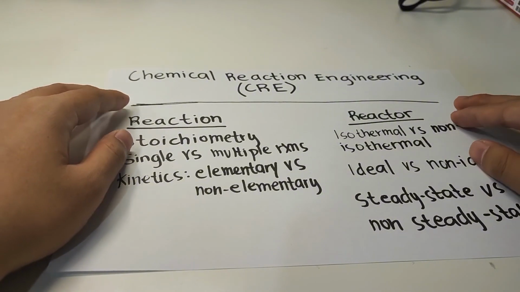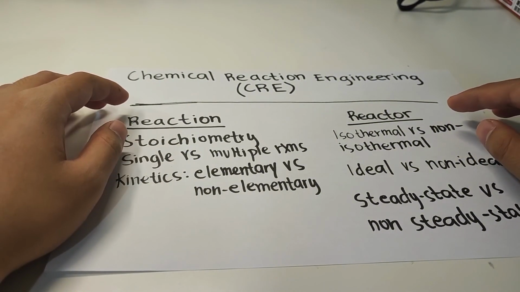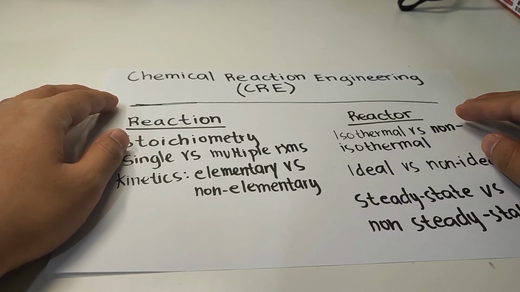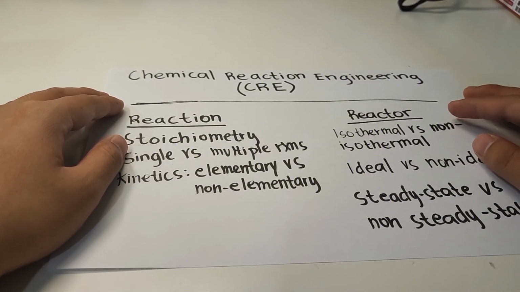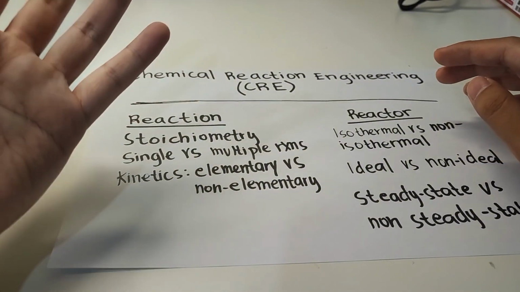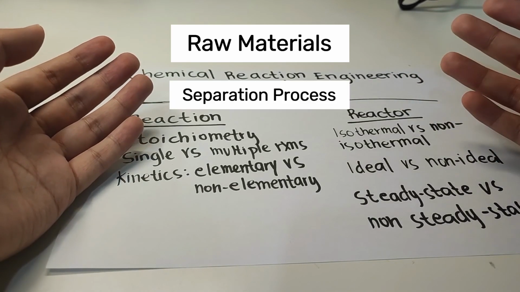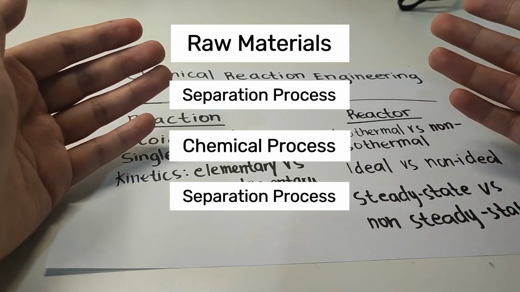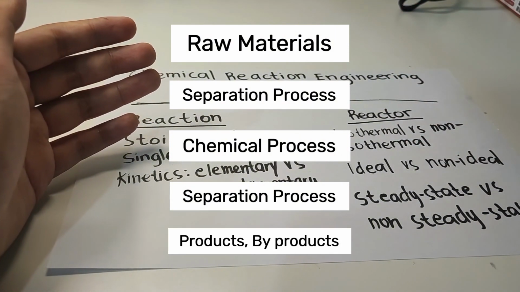So what is chemical reaction engineering? CRE, understanding how chemical reactors work, lies at the heart of almost every chemical processing operation. First we have the raw material, then the separation process, then the chemical process, and then another separation process, and then you have the products or byproducts.